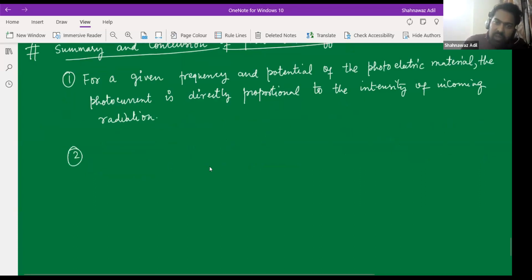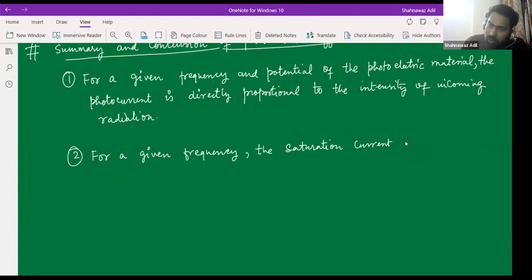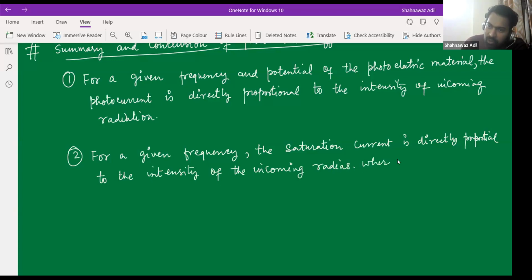And the second thing that we understood is that for a given frequency, the saturation current is directly proportional to the intensity of the incoming radiation, whereas the stopping potential, why do I write stopping?